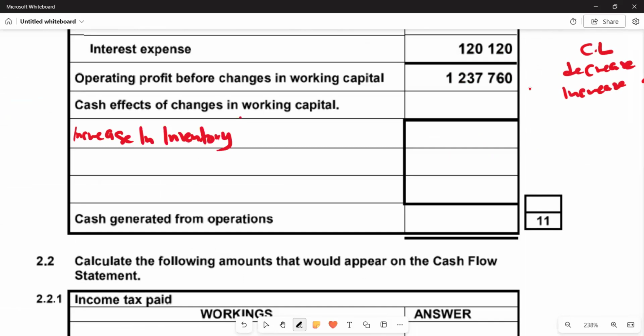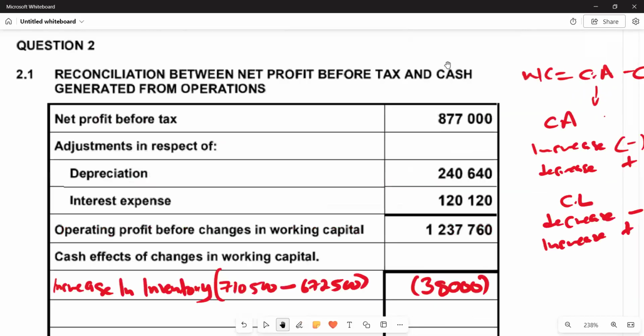Then on the other section, we are supposed to show the working, whereby we say 710,500 minus 672,500. If you calculate this correctly, you are going to get 30,000 as the increase. And we said we are supposed to show it as a negative, so you can just put it in brackets. Then we go and check again.